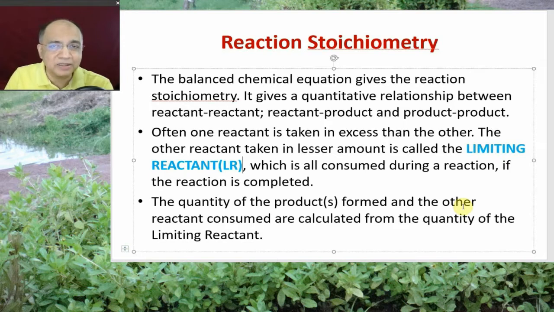But in some cases, you will be given the actual yield that a particular person, student, has performed the same reaction, and the student has got this much amount of product, but the prediction from the equation for the completion of the reaction says something else, a higher amount, but the fellow has got a lower amount of the product.